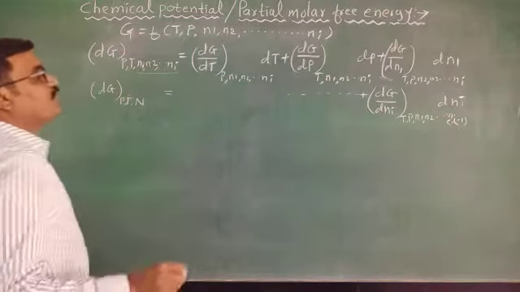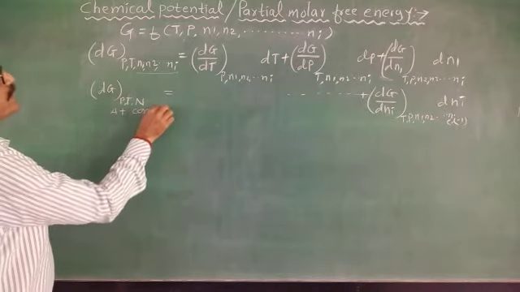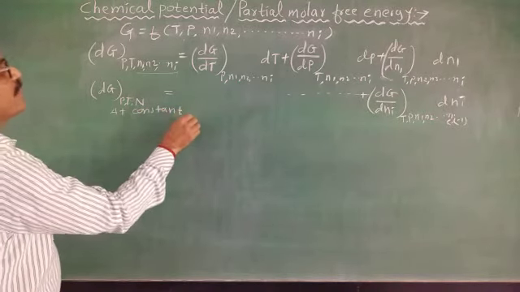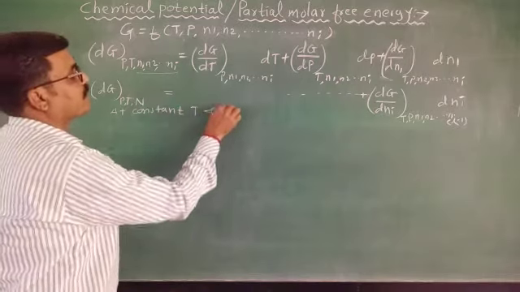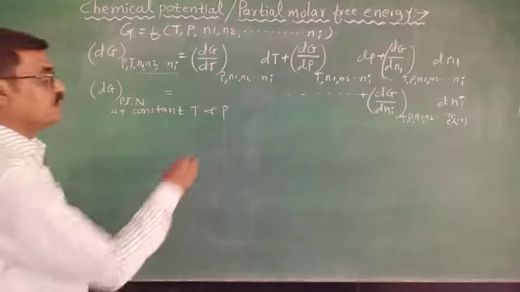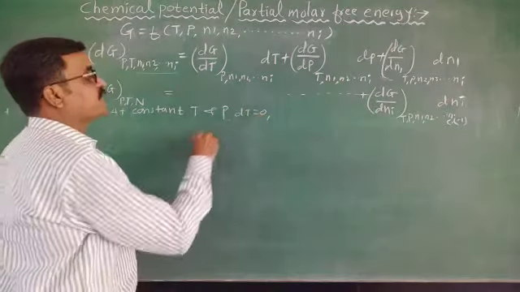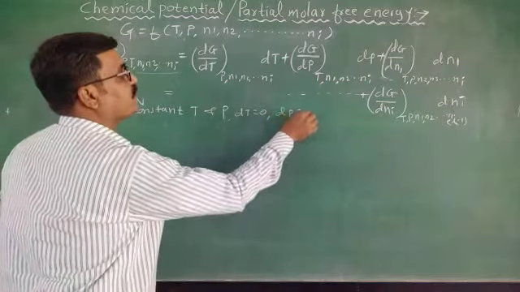Now further, at constant temperature and pressure: as temperature is constant, dT equals 0. As pressure is constant, dP equals 0.